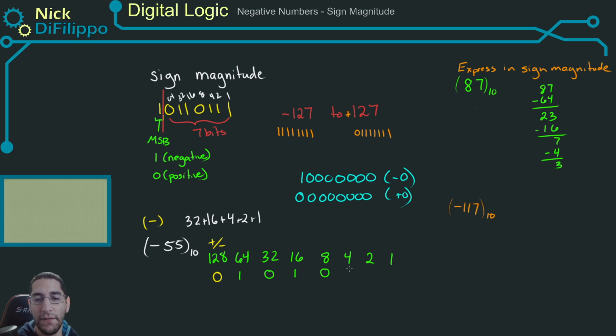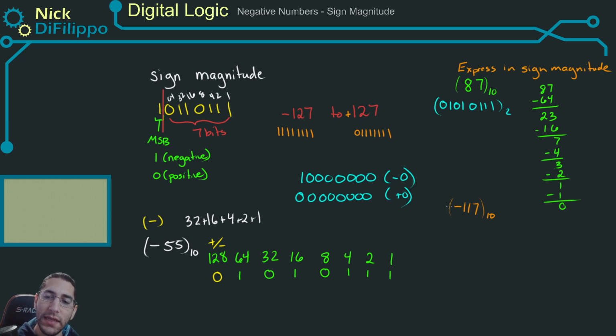We get a remainder of 3. 2 is less than 3, so we can use a 2. We get a remainder of 1. And 1 is equal to 1, so when we subtract that out, we get a remainder of 0. So we can represent 87 using sign magnitude notation as 0, 1, 0, 1, 0, 1, 1, 1.